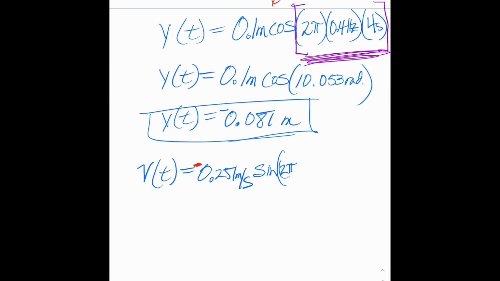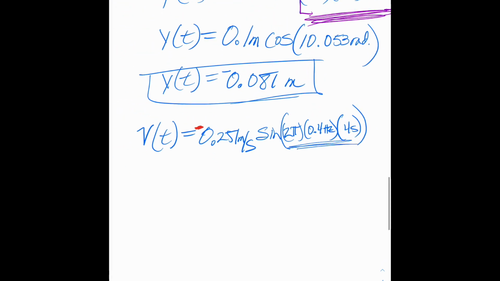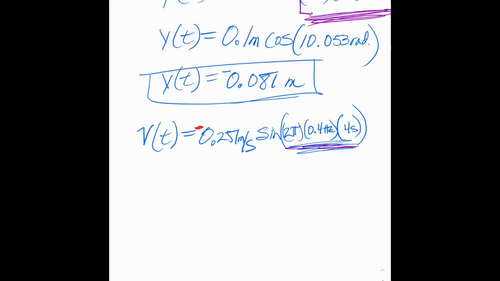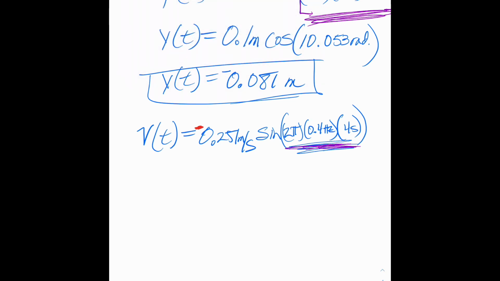So we're saying we got 2 pi times 0.4 hertz times 4 seconds, 2 pi ft. Once again, we're in radians here. We're taking the sine of this whole mess right here. What is the sine of that?